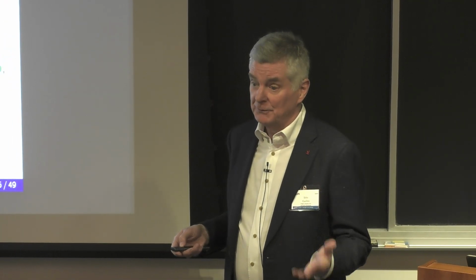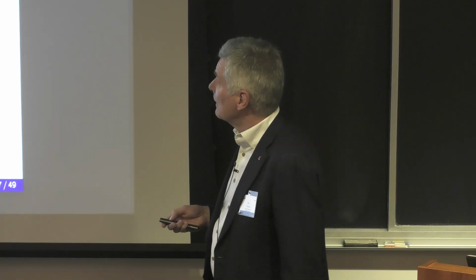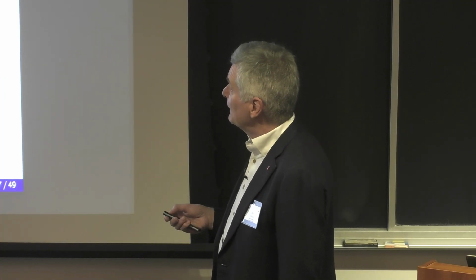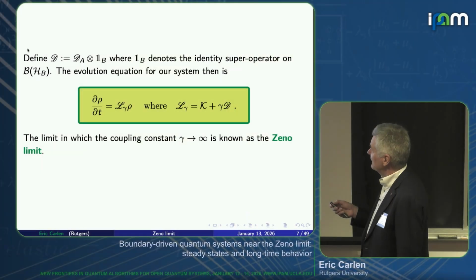Okay, so that's the gap. We're not assuming any kind of self-adjointness, so the eigenvalues can indeed be complex. Okay, so then the script D without the A on it is just the D_A tensor the identity. And the Lindblad equation we want to look at is this thing.